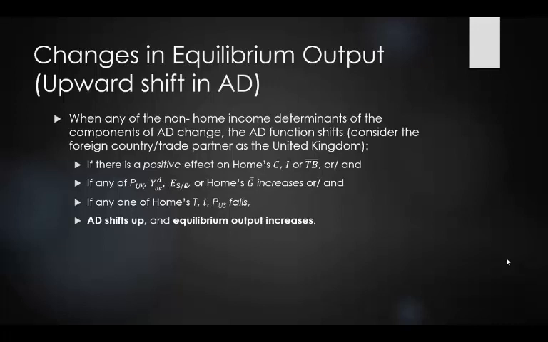From this equilibrium setup, it's now clear how output changes in the short run. Output in the home country will change when any of the non-home income determinants of the components of aggregate demand change.